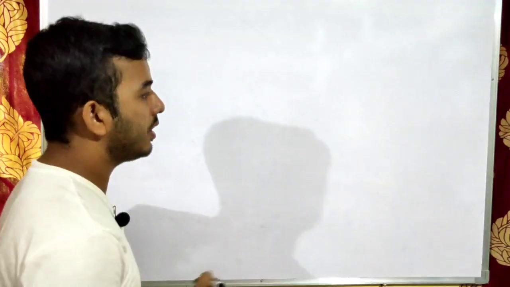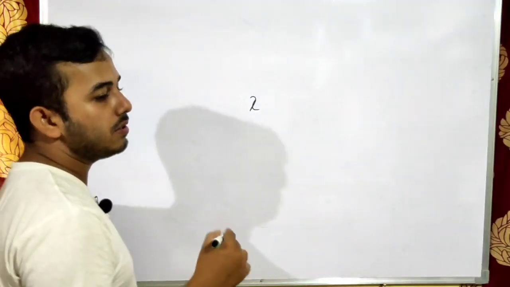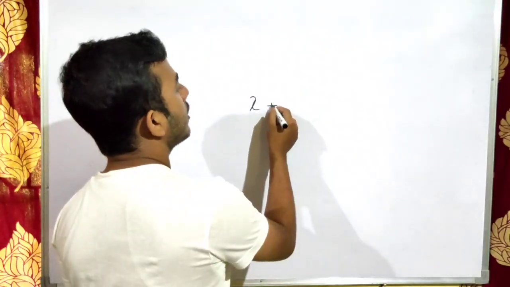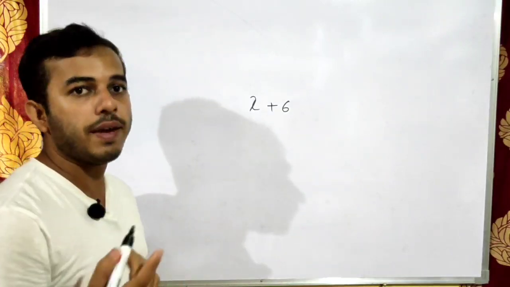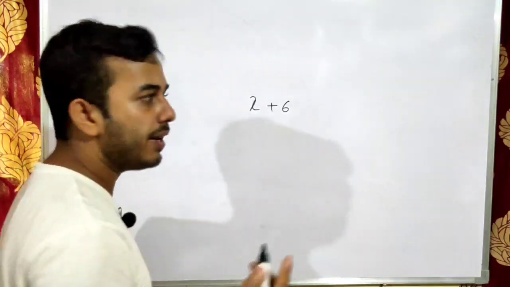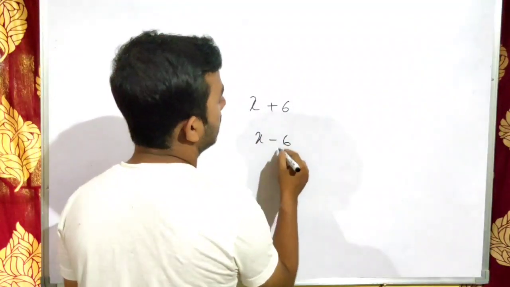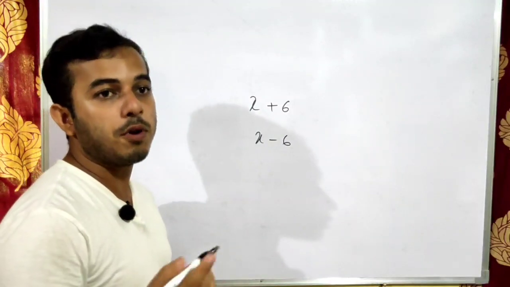For example, let us take any alphabet x. If I say the sum of x and 6, sum means plus, so it will be x plus 6. If I say the difference of x and 6, difference means minus, so x minus 6. You have to know the terms sum, difference, then product.